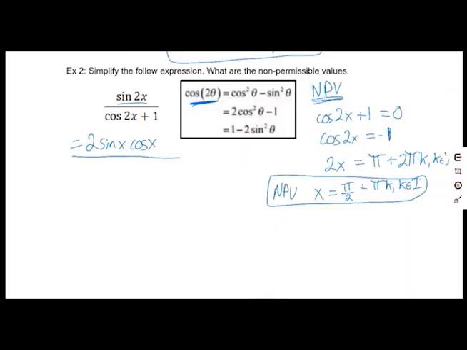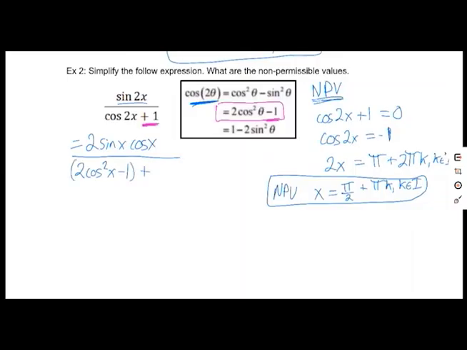So the big thing that I notice when I look at this question is that I have a +1 in that denominator. And if I use the second identity, I'm going to cancel out that +1 and only give me one product of terms in the denominator, which will allow me to start to cancel terms. So for my cos of 2x, I'm going to use 2 cosine squared of x minus 1.